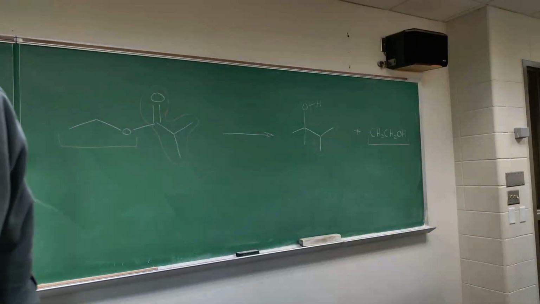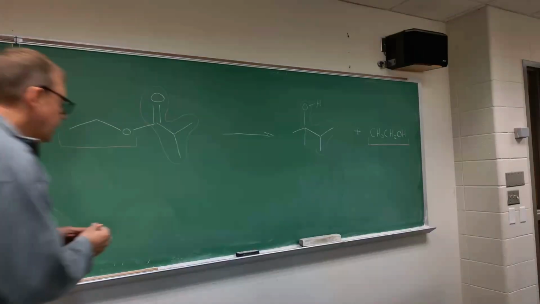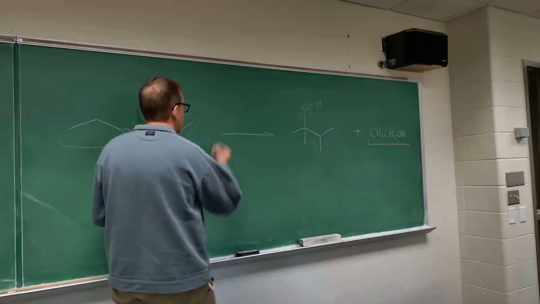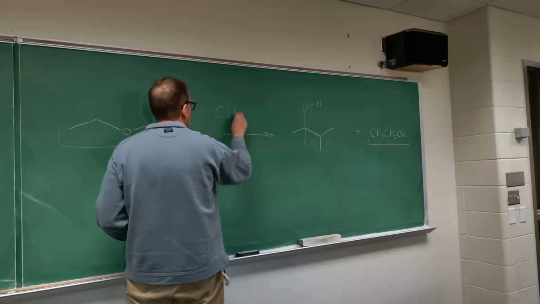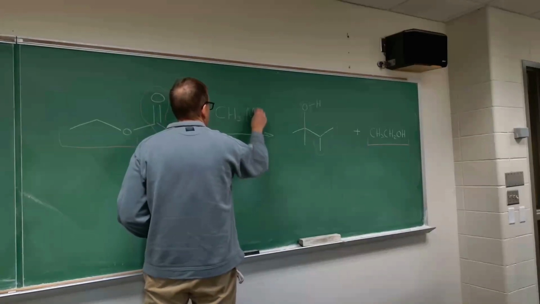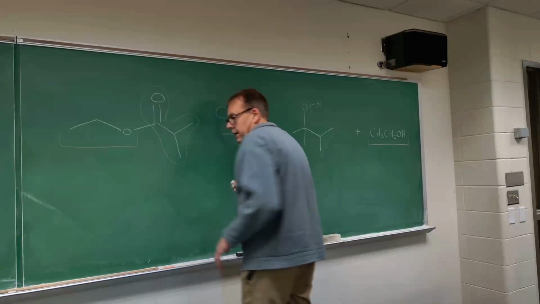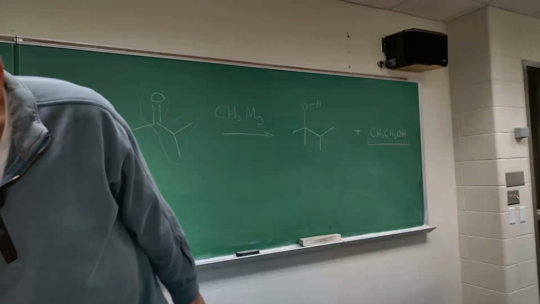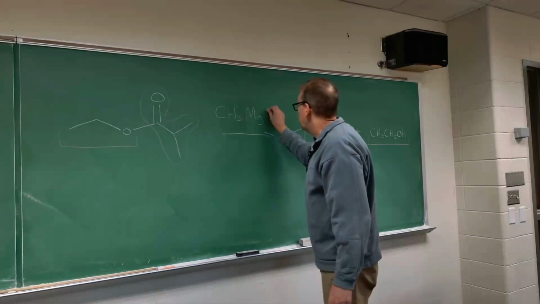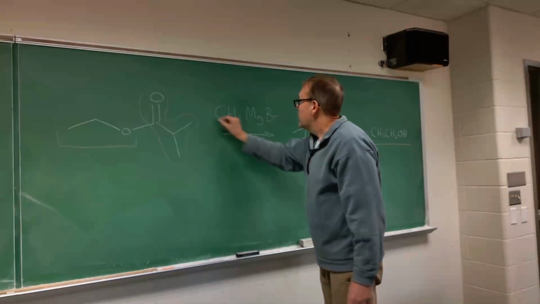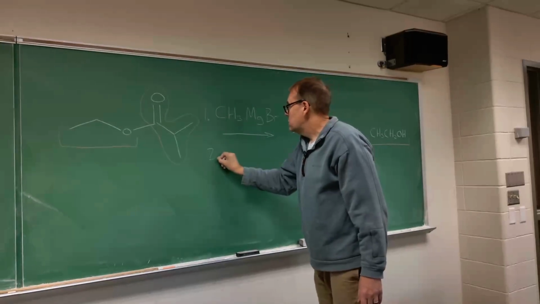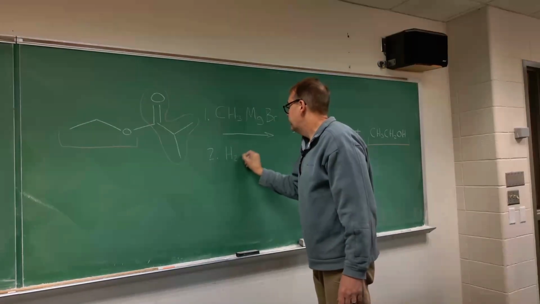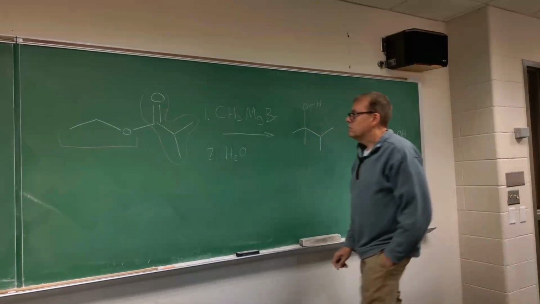In this example, the option you were given was a Grignard reagent: CH3MgX, which could be a chloride, bromide, or iodide. In this particular example, it was a bromide. That would be reagent number 1, and reagent number 2 would be treat with water. And that would do it.